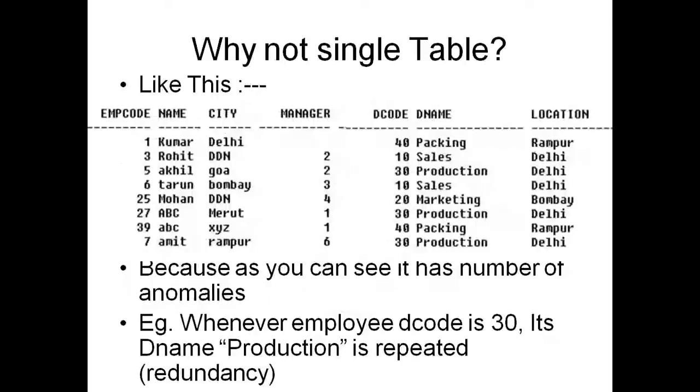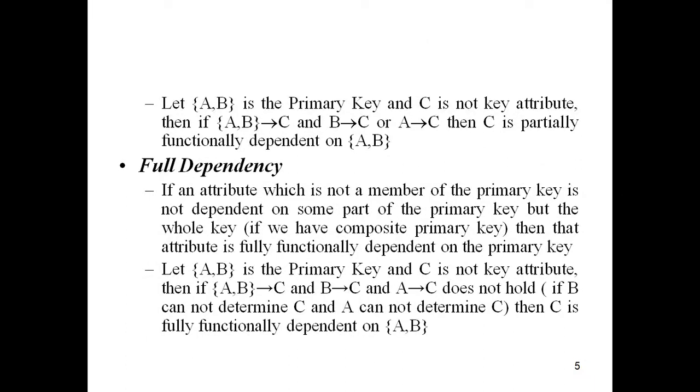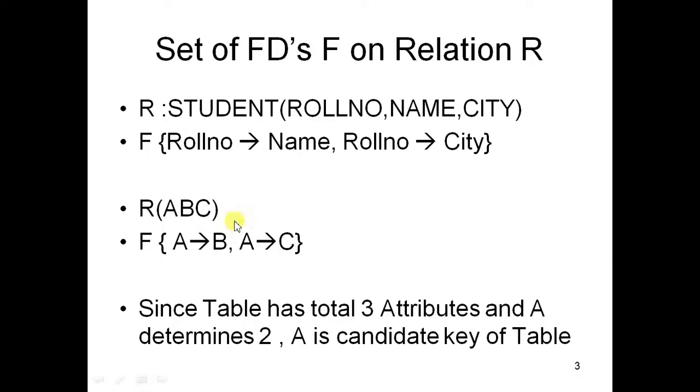Let us see this with an example again. If a table has A determines B and A determines C, and you create tables such that one table keeps only A and another table keeps B and C. Originally it was A, B, C, but now there are two tables, one having only A and another having only B and C. So now A determines C is not there and A determines B is not there.